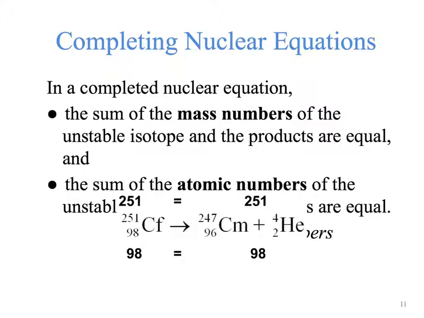So when we're doing a nuclear equation, we need to make sure that the mass number matches. So for example, if we have this atom over here, and we want to do an alpha decay, what we're doing is we're losing one of these particles, correct? This is an alpha particle. So the mass is going to be 251 minus 4, that gives you 247.